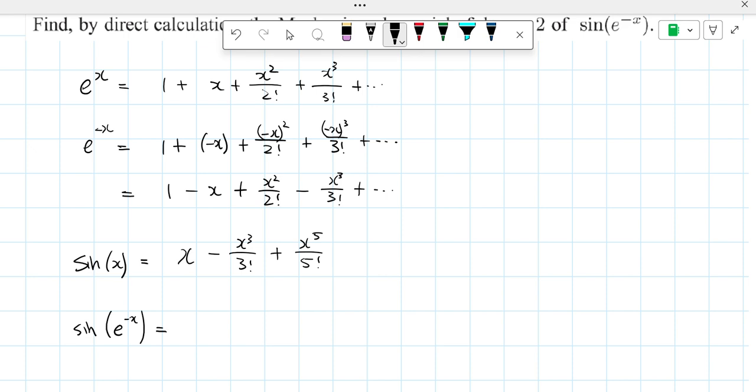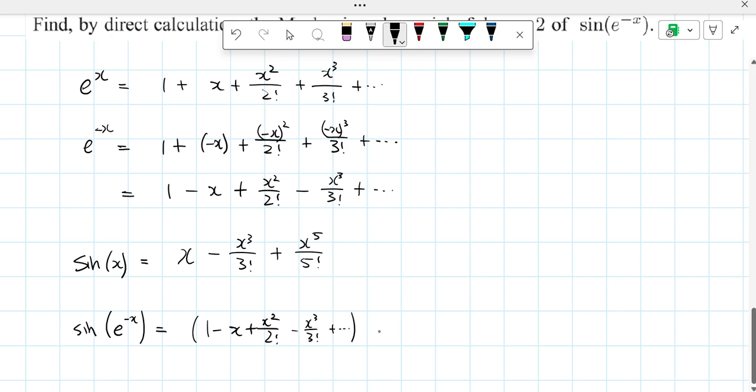So if I plug in each power of negative x into each appearance of x, it will become 1 minus x plus x squared over 2 factorial minus x cubed over 3 factorial plus dot dot dot.